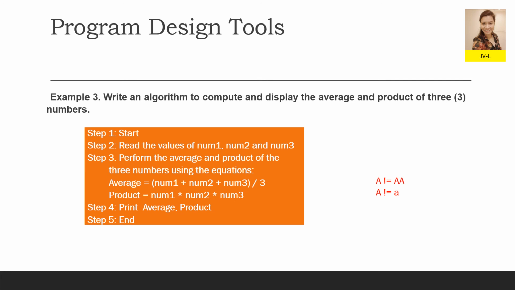For naming variables, I would like you to take note of the following. Big letter A is not equal to 2 big letter A's, or double caps lock letter A's. And also, big letter A is not equal to small letter A. Meaning, these are not congruent.